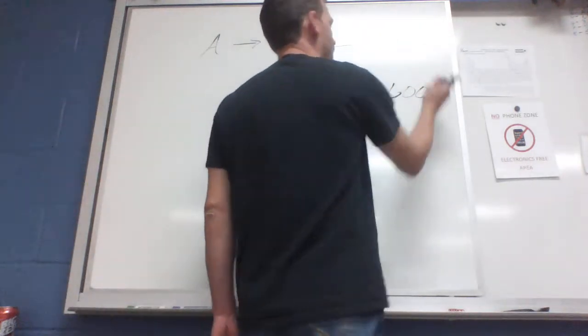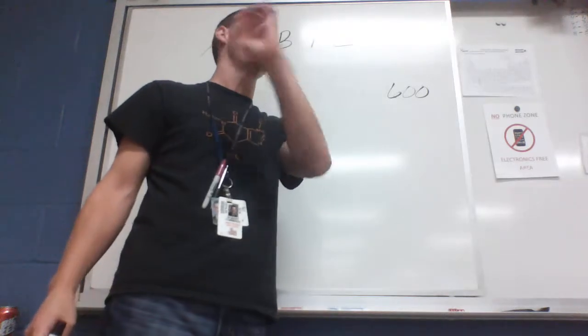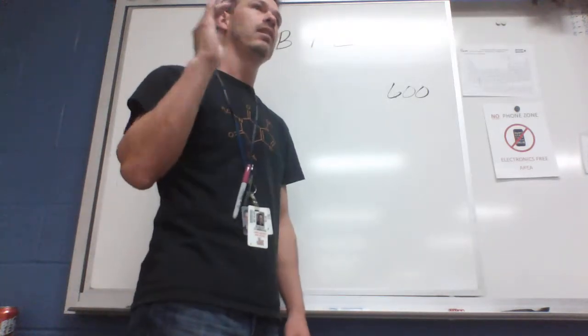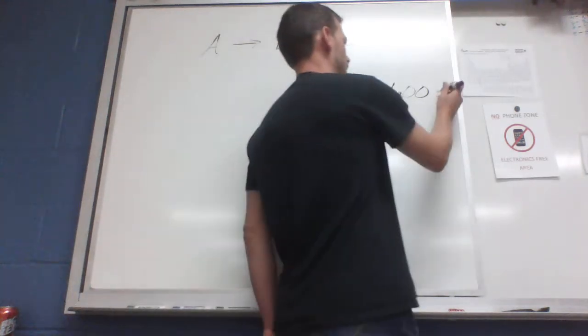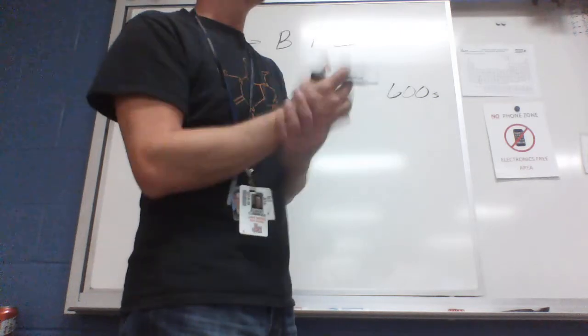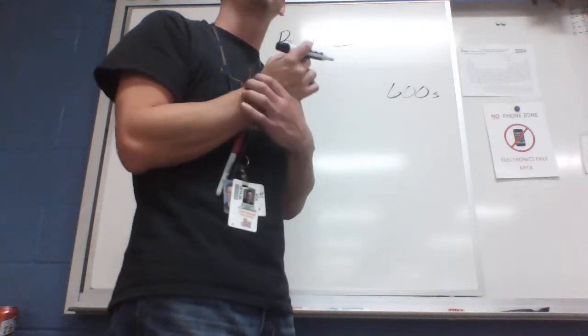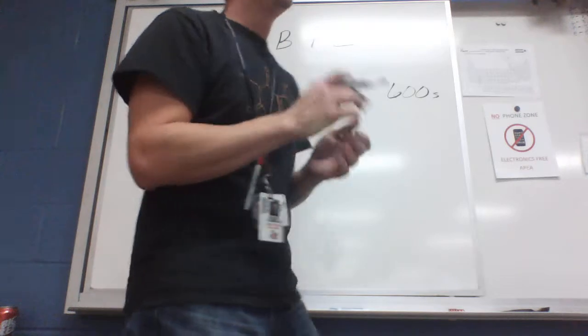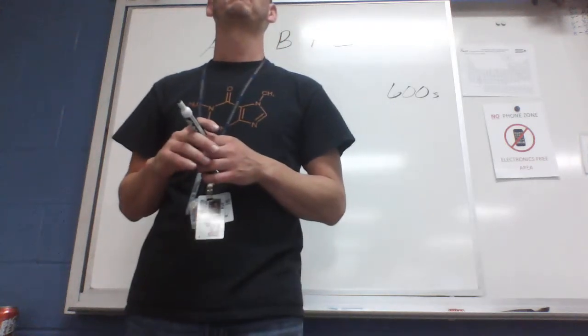I put 400. You can see how that can be a bit confusing. But it is at equilibrium at the point that he named. I thought it was at equilibrium slightly earlier.